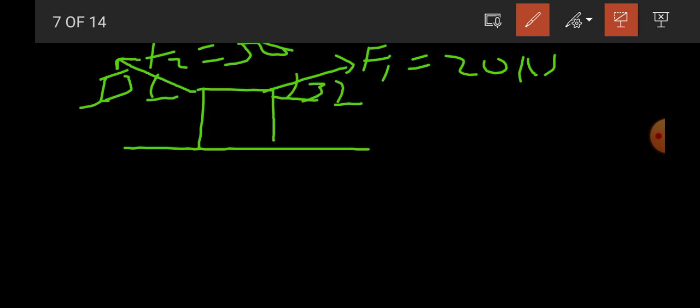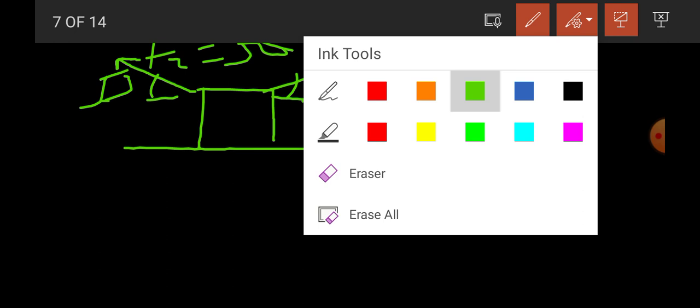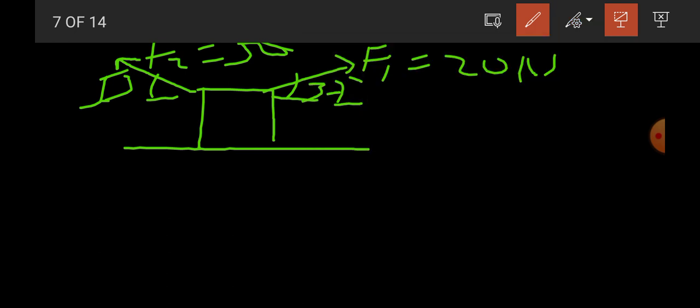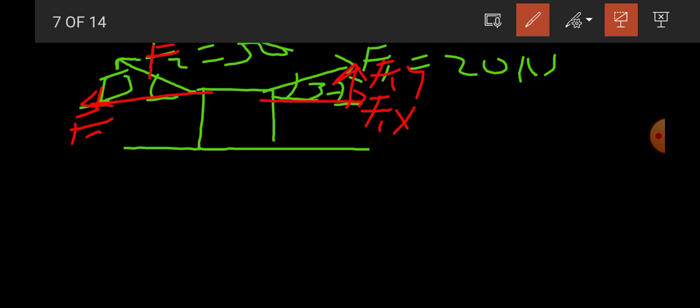So now what we have to do is, this force 1 is decomposed into force 1 along x and force 1 along y. Similarly, this force 2 is decomposed into force 2 along x and force 2 along y.